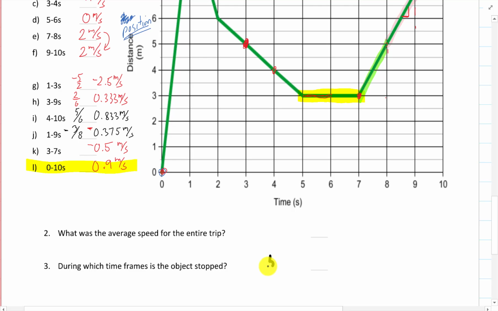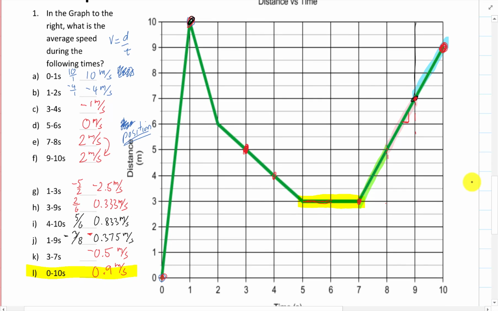But is the object stopped here? It is actually arguable, isn't it? Mathematically, it isn't.